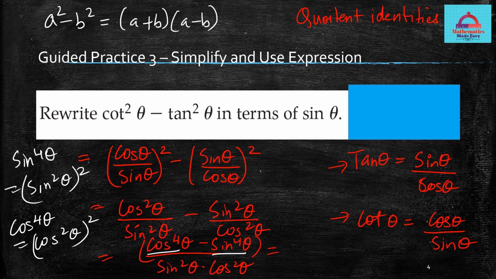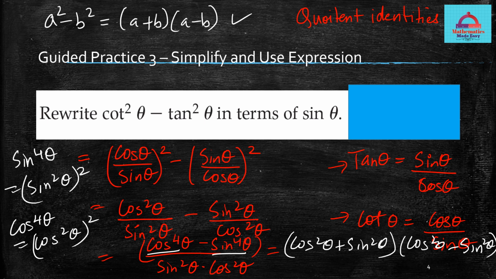Why do I do that? So that the power is 2 and I can apply this identity. So what I get here is cos square theta plus sine square theta, that's a plus b, and cos square theta minus sine square theta, that's a minus b, over sine square theta times cos square theta.